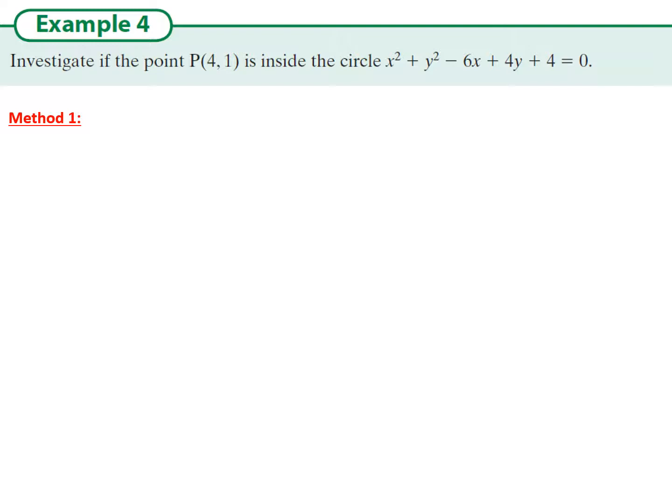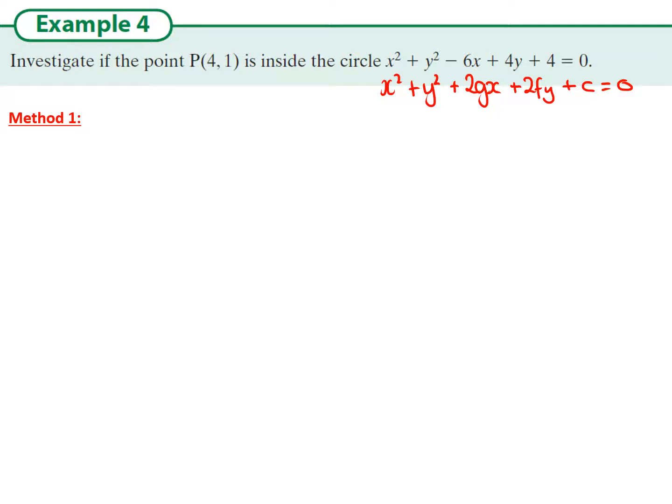So the first thing I'm going to do is investigate if the point P(4, 1) is inside this circle. So we're trying to figure out, is it inside? First thing I'm going to do is write down my formula underneath here: x squared plus y squared plus 2gx plus 2fy plus c equals 0.